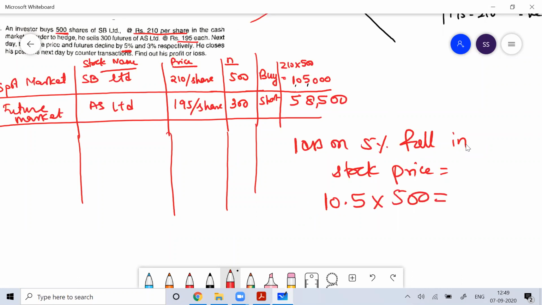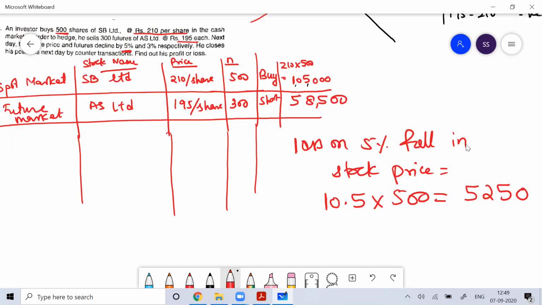So you can calculate this: 10.5 times 500 is 5250. This is the loss. This much, 5250 rupees, is the loss he will get.